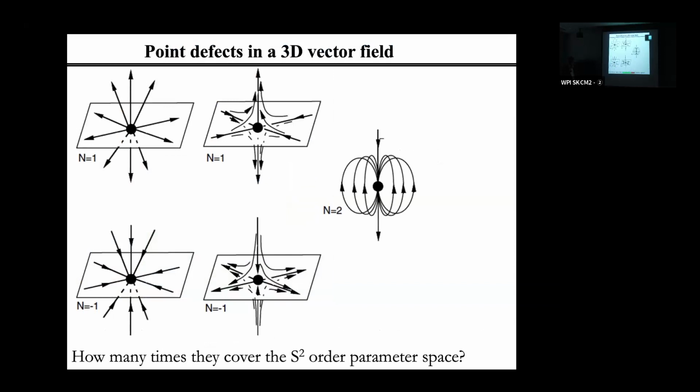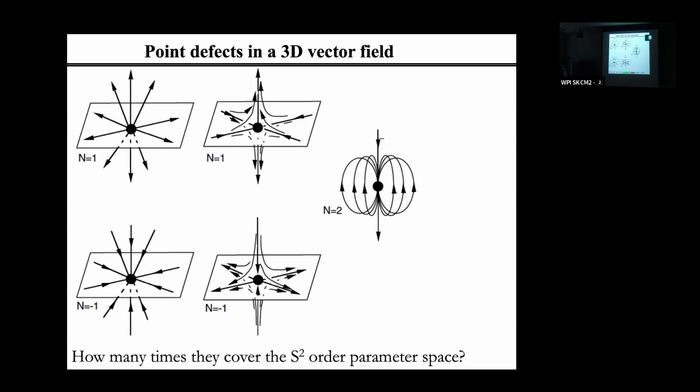So now let's look at these examples where we have some integers characterizing the topology of field configurations, much like the number of poles or genus characterize two-dimensional surfaces, right?